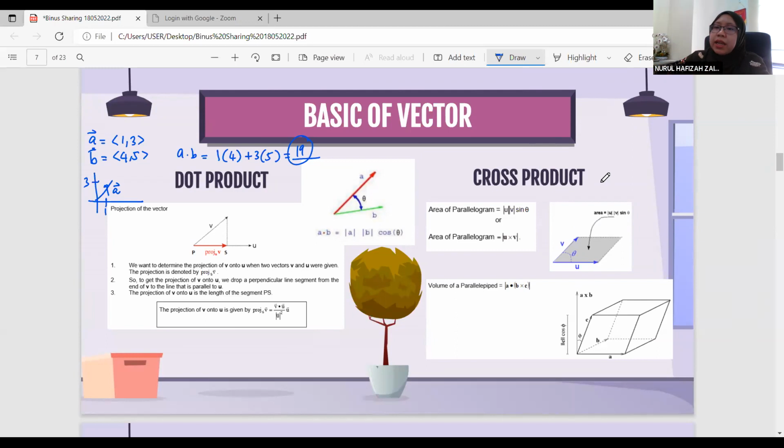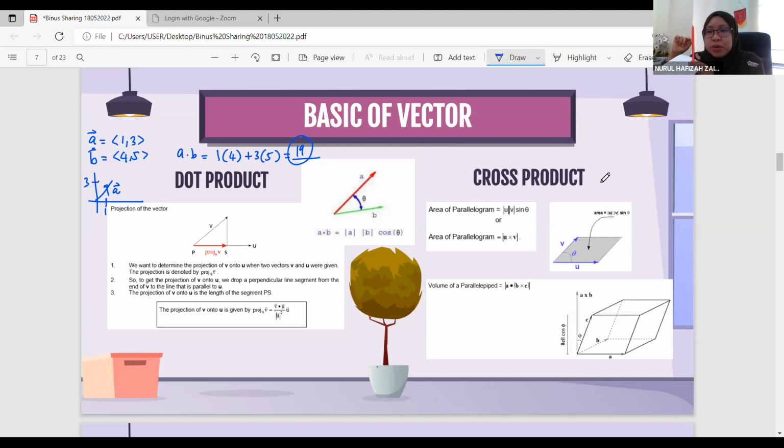You want to find another vector which is 90 degrees to the plane. This is a plane, and you want to find a vector perpendicular to the plane, but you only have two vectors on the plane. So how are you going to find this?